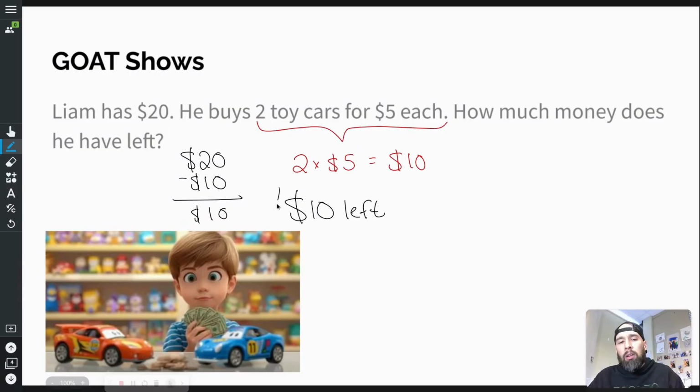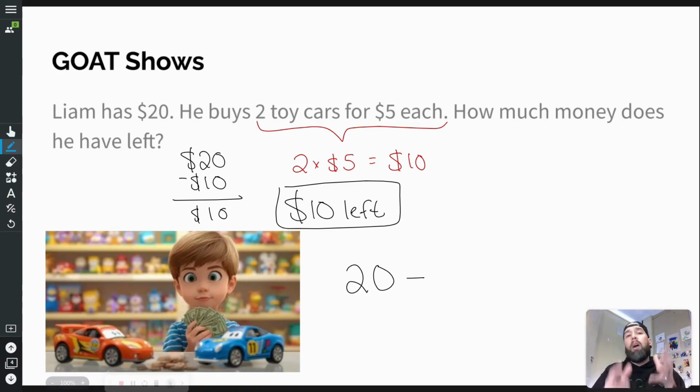Now, if I want to set this up as order of operations, parentheses, and other symbols like that, this is how you would do it. You have what you start out with. Then we're going to lose a certain amount. Now, when you're going to lose an amount that's based off of 2 numbers doing something to each other, you're going to put those things in parentheses.